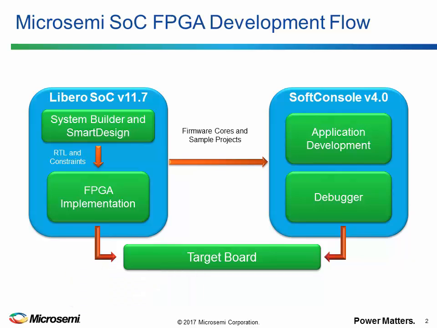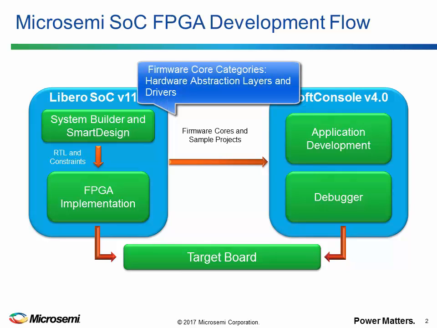Firmware cores are pre-packaged bundles of embedded firmware header and source files and documentation supporting specific embedded firmware development tools, CPU targets, direct cores, and SmartFusion or SmartFusion2 microcontroller subsystem peripherals and services. Firmware cores fall into two main categories: hardware abstraction layers and drivers.